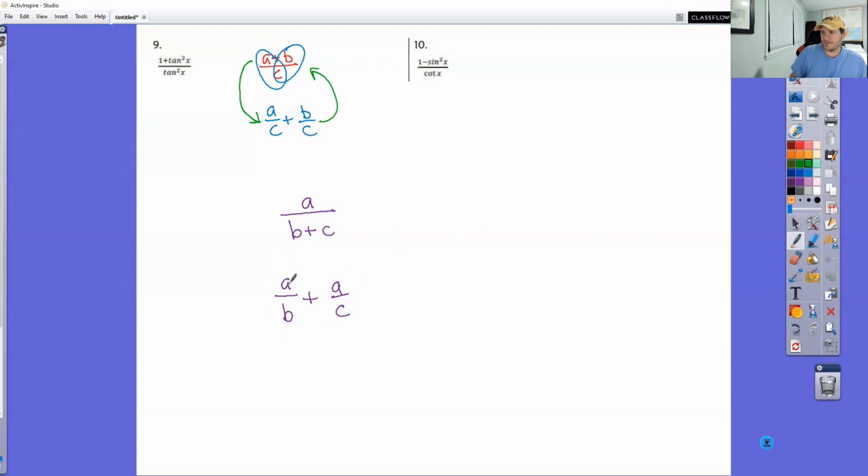We would need a common denominator, so we would multiply by c over c, and this would get multiplied by b over b. There's your common denominator. That would be an AC plus an AB all over BC, which is pretty clearly not the same thing that we started with. So trying to simplify that way is never going to be okay. Get that out of your head this instant.